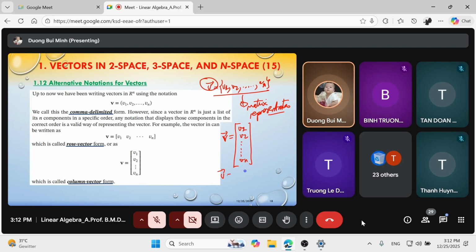Or if we have the vector V, can I indicate it as a row vector, V1, V2, up to Vn? Yes, this is the row vector, and this is the column vector. Both of them are possible. You can indicate any vector as a column vector or a row vector.